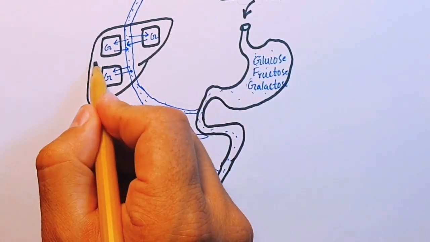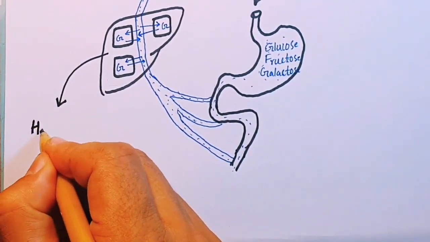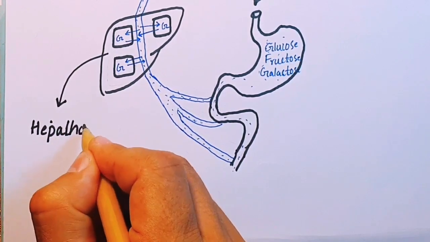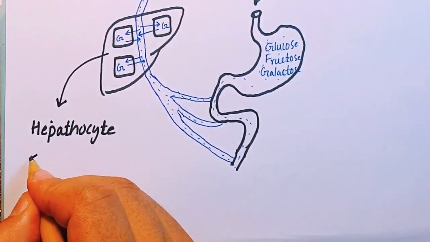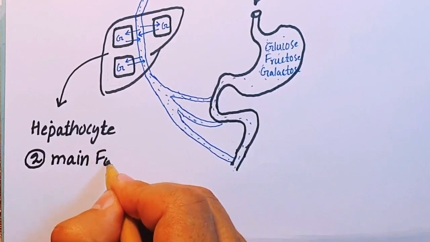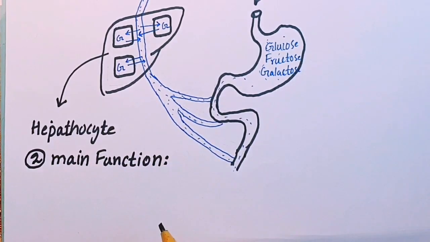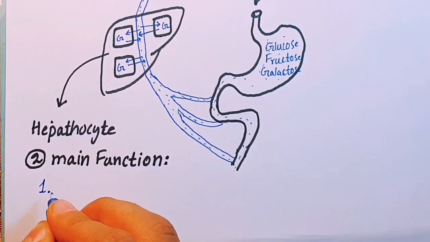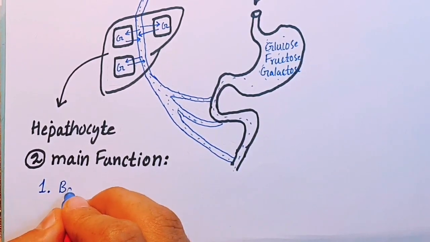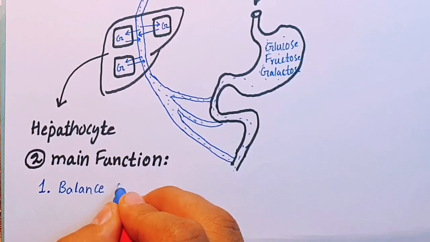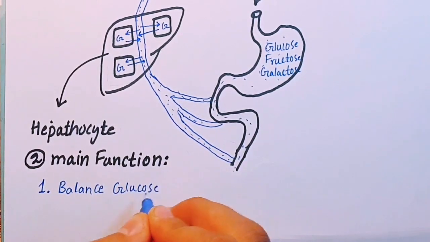So in here we discuss a little about the hepatocytes, what they will do with the glucose which is coming here. So hepatocytes have two main functions. One, balance glucose. When we eat food, glucose level will be very high, and if it enters circulation it is dangerous, and we need glucose to be balanced.